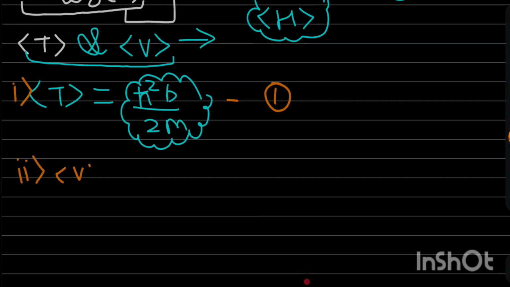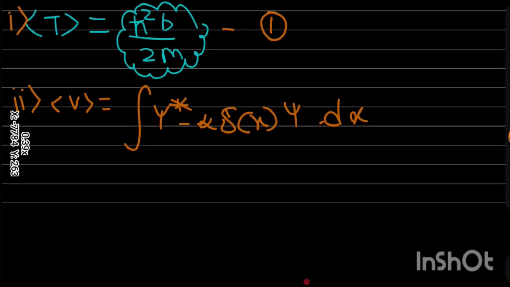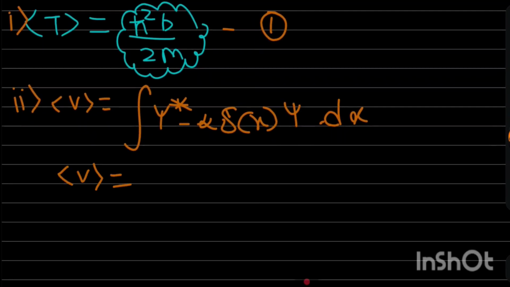So the expectation value of potential is equal to the integration, and I'm not putting down the limits because it will make the situation unclear, so assume that this integration is from negative to positive infinity, of psi complex conjugate, the potential, which was negative alpha delta, into psi dx. First let me write down the trial wave function that I am choosing, the same as for the harmonic oscillator, which is a e to the power minus bx square.